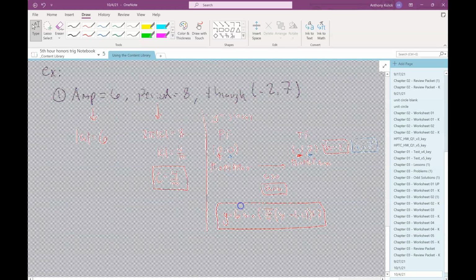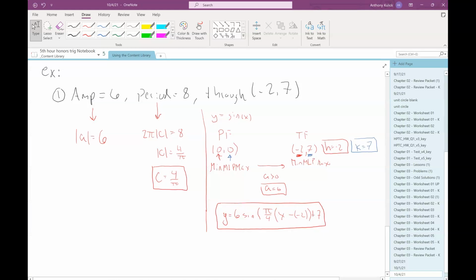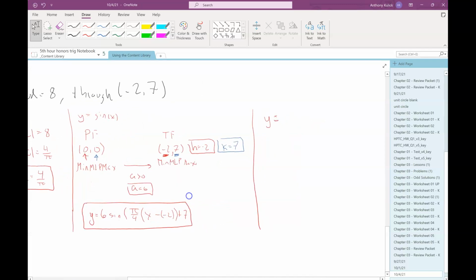How's the amplitude? The A value was 6, right? I thought I checked that before I wrote it down. It's always possible that I just did something that doesn't make any sense because my brain took a break.